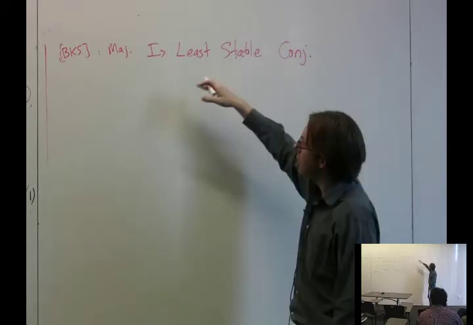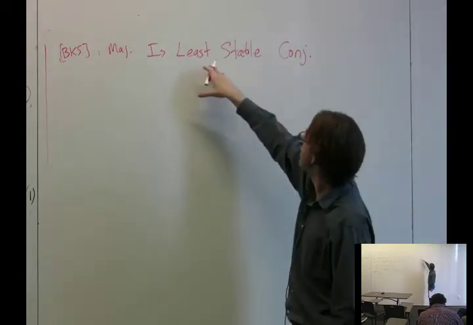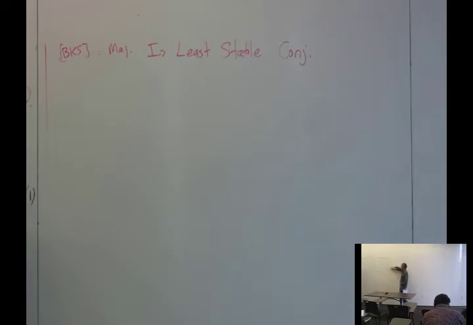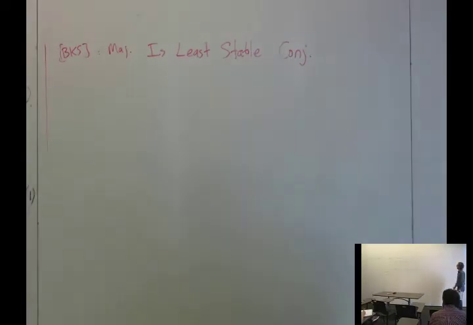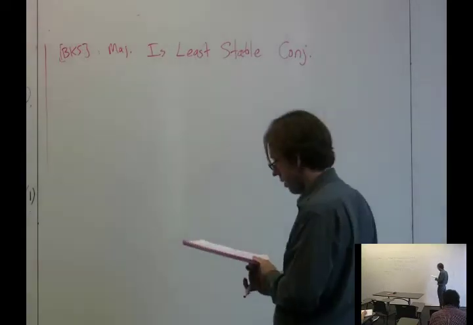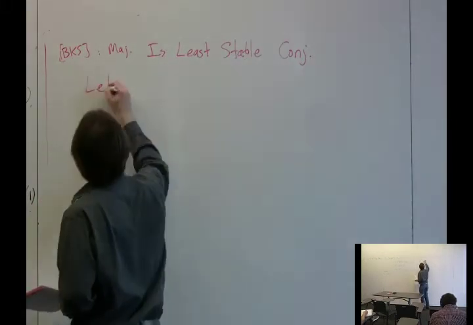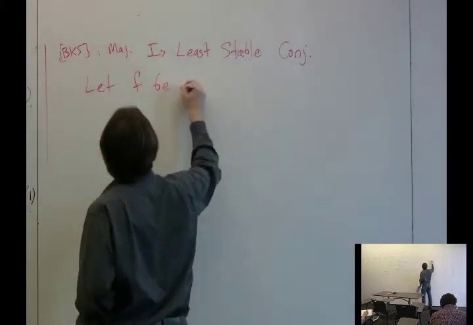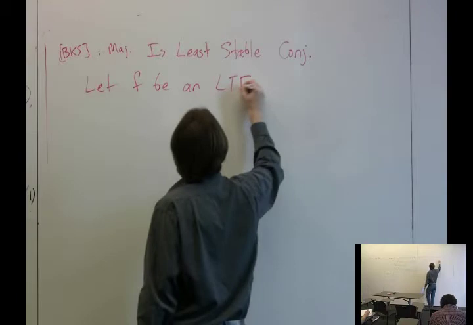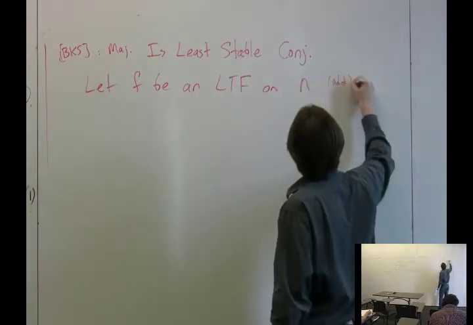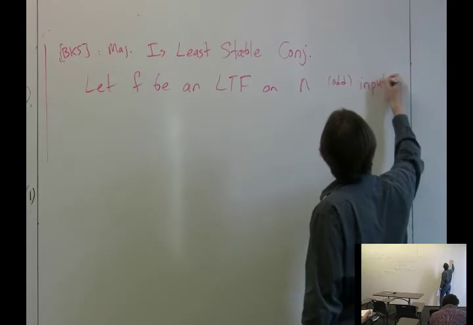There's always an implicit "among something" here. This is among LTFs, and this is among functions with all small influences. Here, you don't even necessarily need any error terms. You can just straight up conjecture that: let f be an LTF on n inputs, let's say n is odd, just for simplicity.